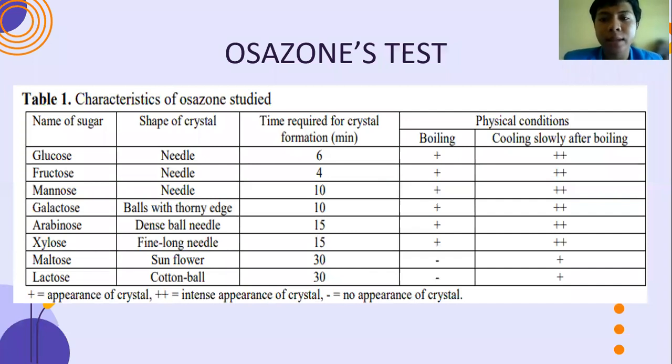The present study was performed on 6 monosaccharides, glucose, fructose, and 2 disaccharides, maltose and lactose. Different sugars can be identified on the basis of the structure of the crystal and the time of occurrence.